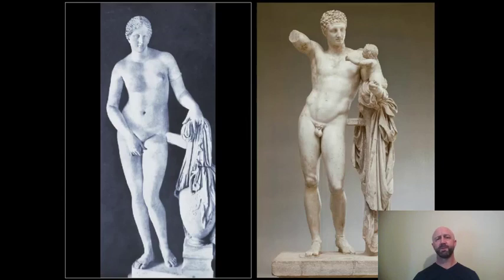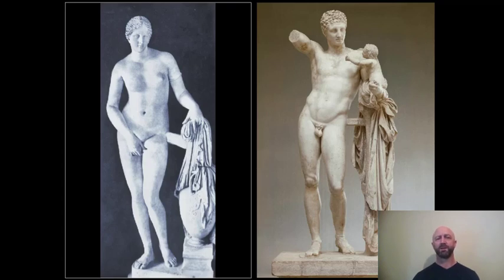Other examples, just to make clear, on the left, a work that will come back later today called the Aphrodite of Cnidus, the female perfect form, and on the right, a famous Roman copy of a Greek sculpture of Hermes toying with the god Dionysus here. He would have been holding in his broken off right hand a bunch of grapes that the young god of wine is hoping to get from him, and Hermes is just playing with him.